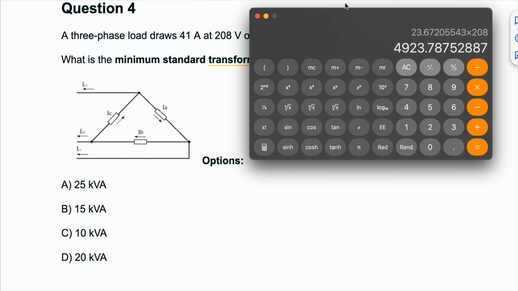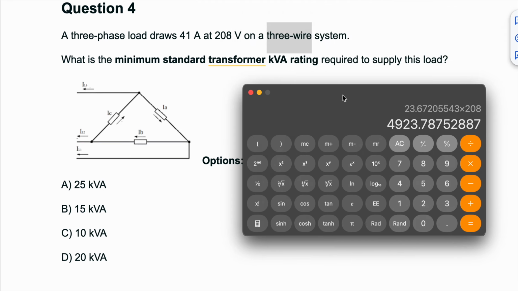So for each part of the load, we have a three-phase load that is delta connected. So for each, it is like 5 kilovolt ampere. Imagine 5 kilovolt ampere by 3, it can be 14, so this is like 15 kilovolt ampere.